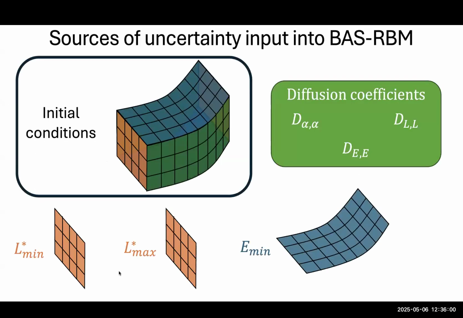So there are three main areas. We have our initial conditions. We know they're pretty uncertain. They could just be generated from IRASA data or from a previous model run. There's definitely some uncertainty there.